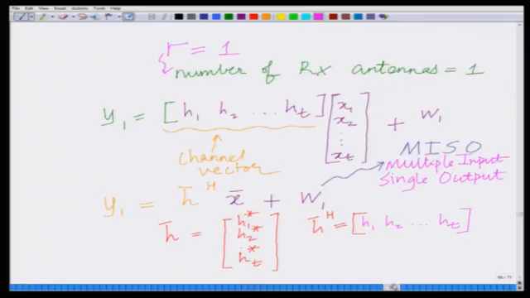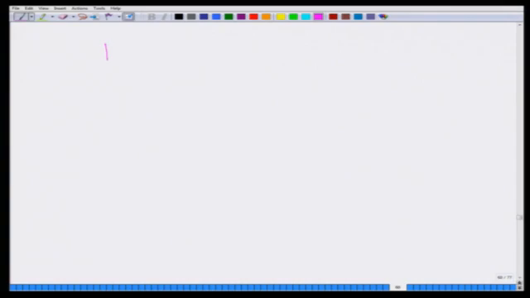And of course, now the most special case, when R is equal to 1 and T is equal to 1, that is, you have a single transmit antenna and a single receive antenna, reduces to the standard scenario of a Rayleigh fading channel. So we have the scenario that we have seen in the very beginning, that is y equals hx plus w, where h is the fading channel coefficient.